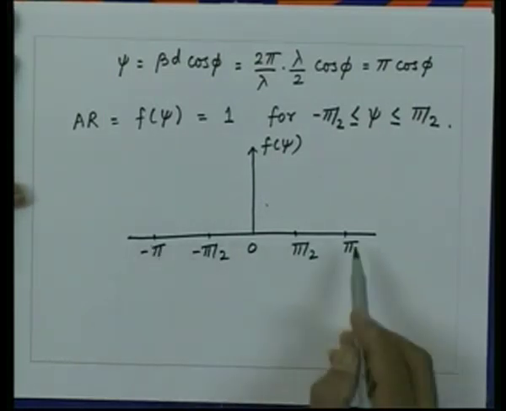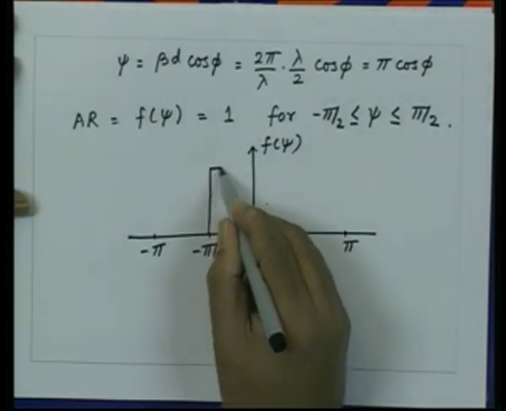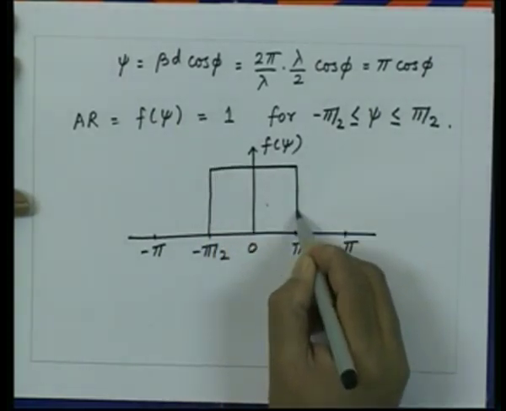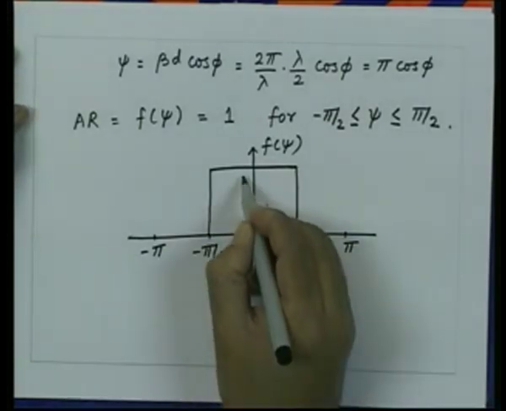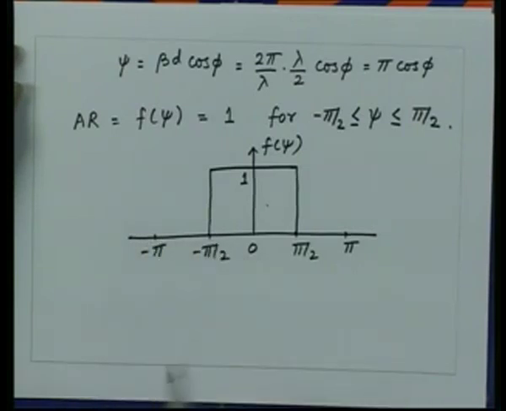As we mentioned, the periodicity is over 2 pi. So the function which we want to Fourier expand is this function. Its value is 1 here and it is 0 in this range and 0 in this range.